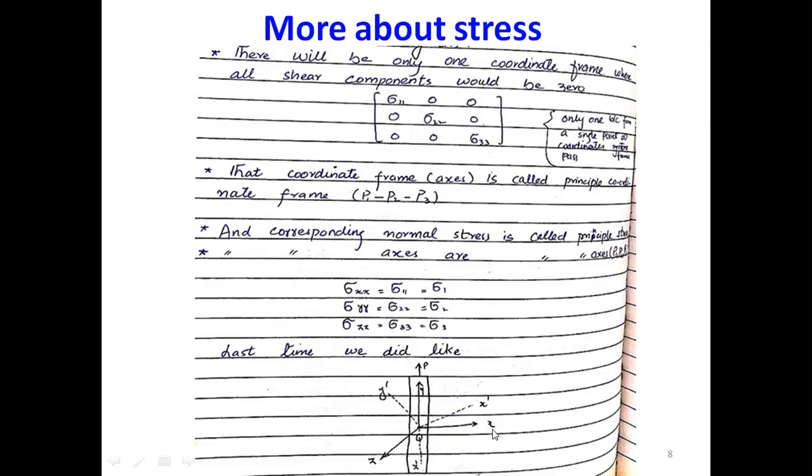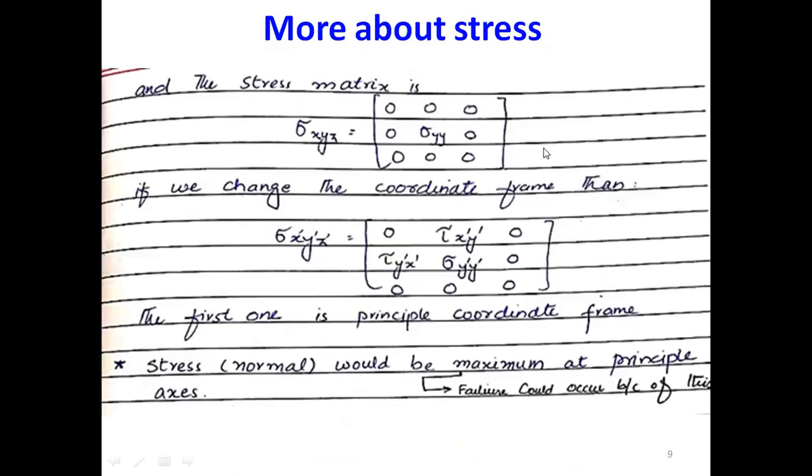Let's say if we are taking x, y and z frame at point Q, then we would have only one normal stress, and that would be sigma yy, and all of the remaining stresses would be zero.